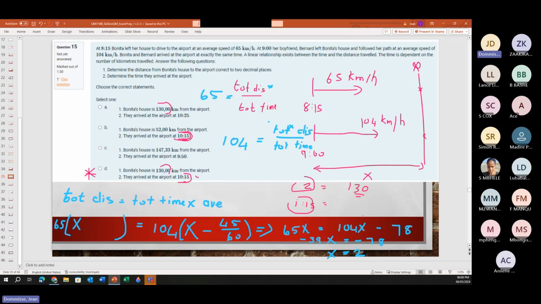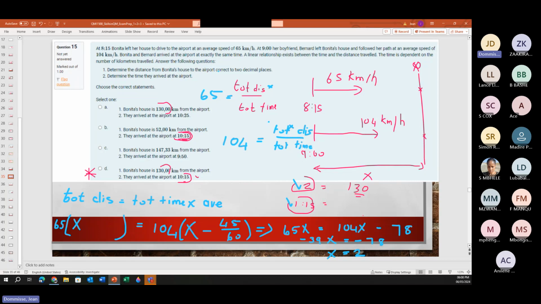Oh my goodness. Okay, we got it. So X is 2, then the other X will be 2 minus the 45 over 60, which will give us that.